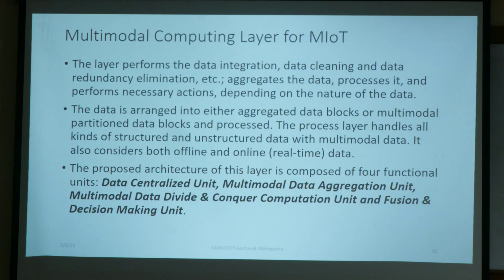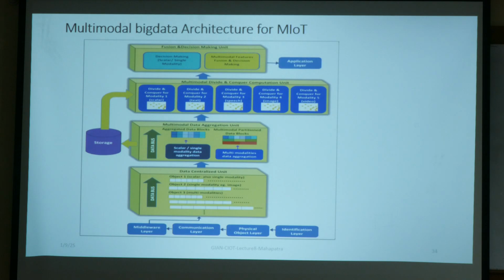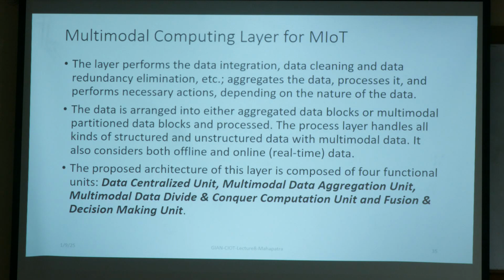So this architecture is composed of 4 functional units: 1, 2, 3, and 4. What are they? Data centralized unit, multimodal data aggregation unit, multimodal data divide and conquer computation unit, and fusion and decision making unit, 4 of them.